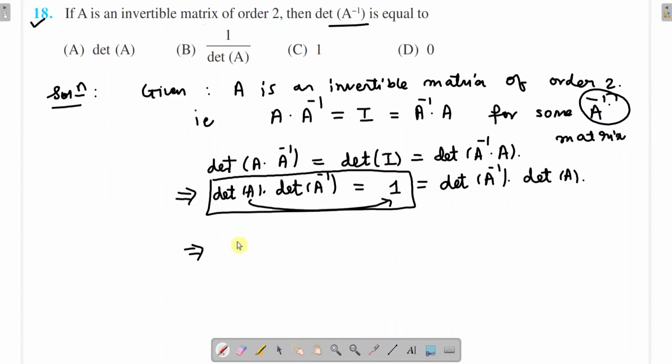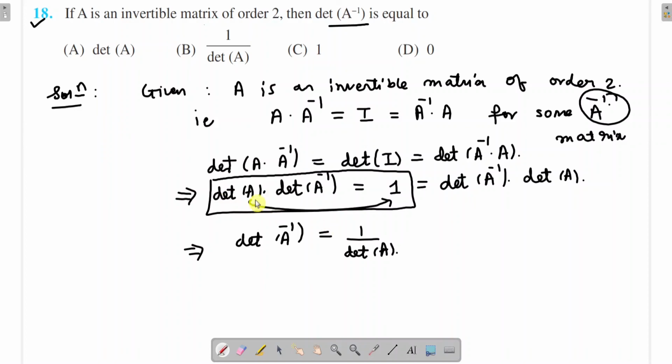Determinant of A inverse will be equal to 1 by determinant of A, and determinant of A is not 0. Why? Because you can see that the product of determinant of A and determinant of A inverse is 1. So both are not 0, otherwise you would have got 0.